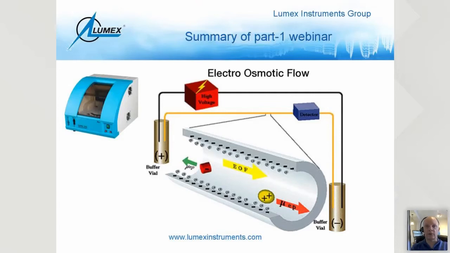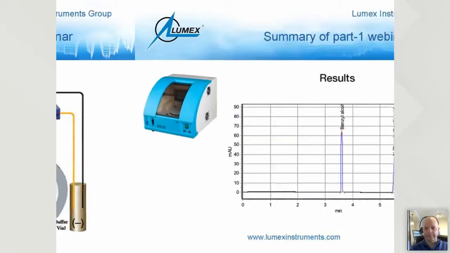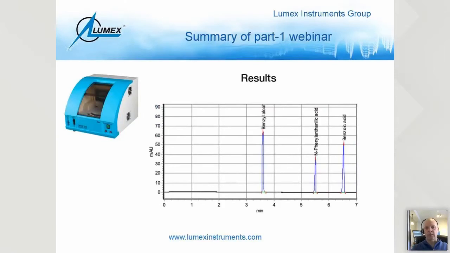EOF occurs when we're at a pH around 4.0, but past 6.2 is where we start getting the most electroosmotic flow, which is called EOF. So, as you recall, these were the results that I was showing you guys.